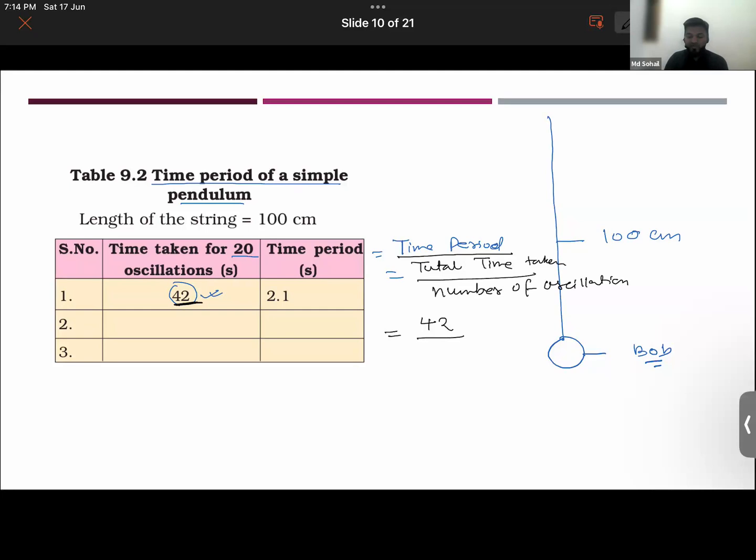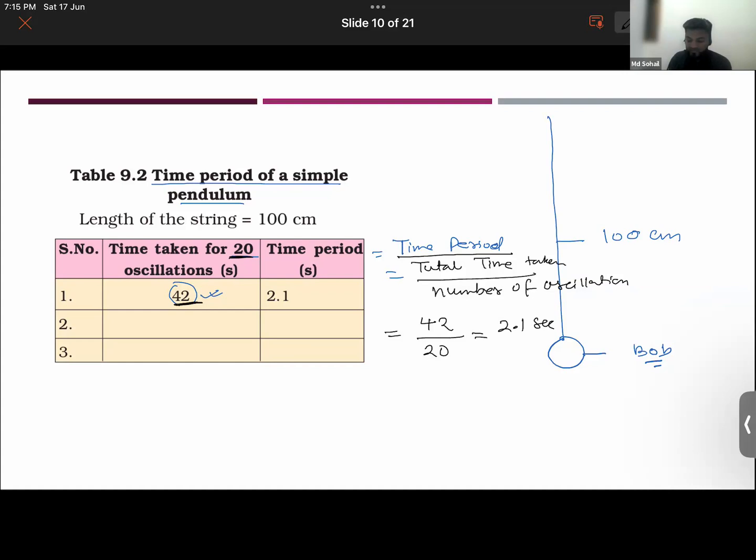And the number of oscillations is 20. The pendulum is doing 20 oscillations. Hence, the time period is 2.1 seconds. That is the time taken by that pendulum to complete one oscillation.